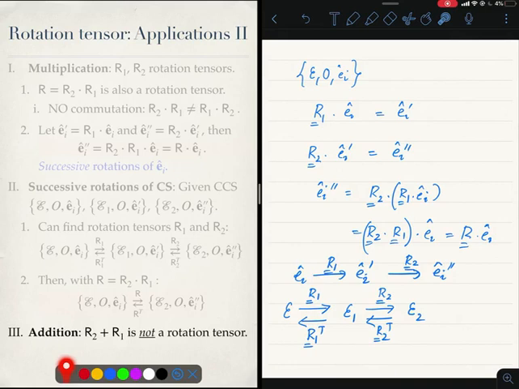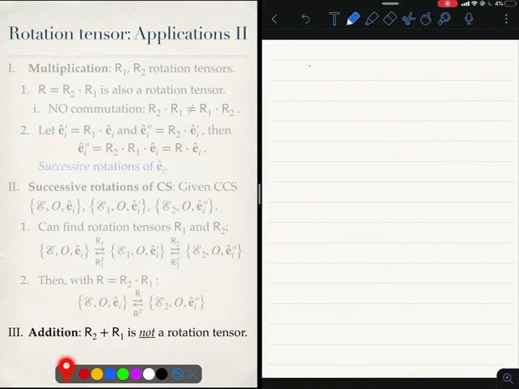Finally, you should note that if you take two rotation tensors and add them, the output is not a rotation tensor. That is very easily shown by one counterexample. Let us take R in some coordinate system to be cosine theta, minus sine theta, 0; sine theta, cosine theta, 0; 0, 0, 1. We showed in the previous lectures that something like this corresponds to a rotation tensor.